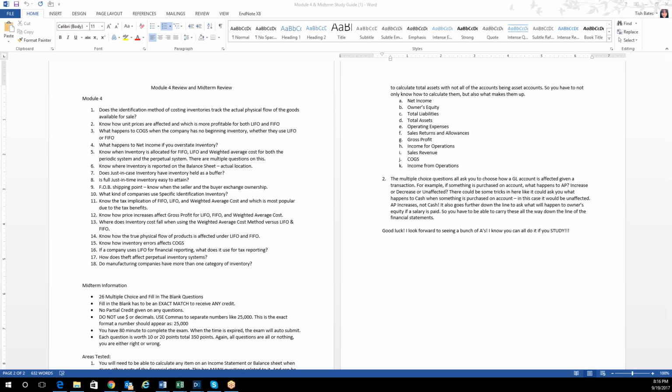When we pay for those out of our checking account, that payable is decreased and our cash is also decreased. But our asset is increased, and the asset would be supplies. Make sense?